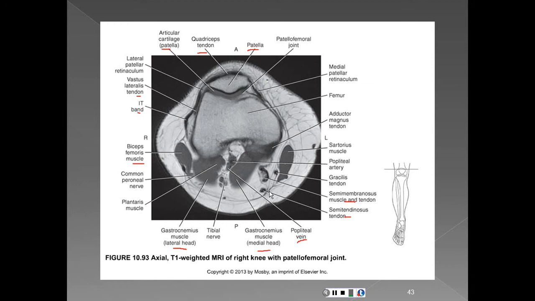The tendons, we have to understand what those tendons are because we do many MRIs for pulled hamstrings. We have the gracilis tendon and the sartorius muscle, a very important muscle to know in the femur.